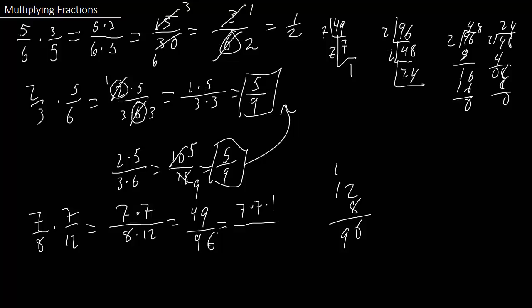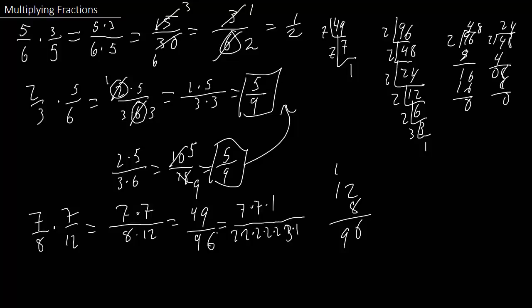Well, if you know your multiplication up to 12, you know that 2 times 12 is 24, 2 times 6 is 12, 2 times 3 is 6, and 3 times 1 is 3. So here's our prime numbers. There's 1, 2, 3, 4, 5 twos and a 3, so 2 times 2 times 2 times 2 times 2 times 3 times 1.